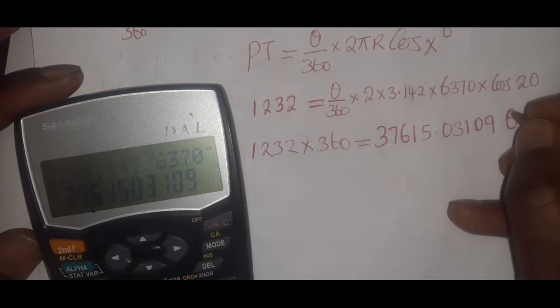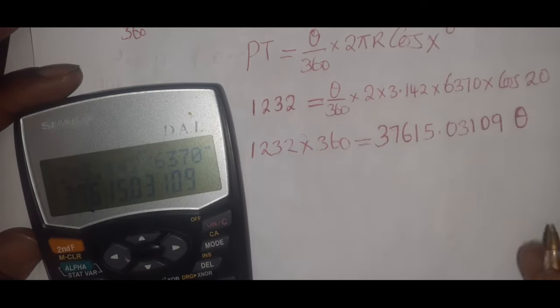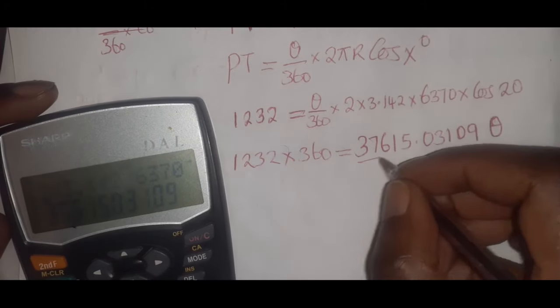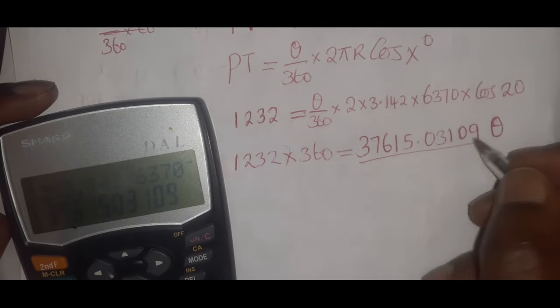Theta must be here. Then to find theta, we need to divide both sides by this.